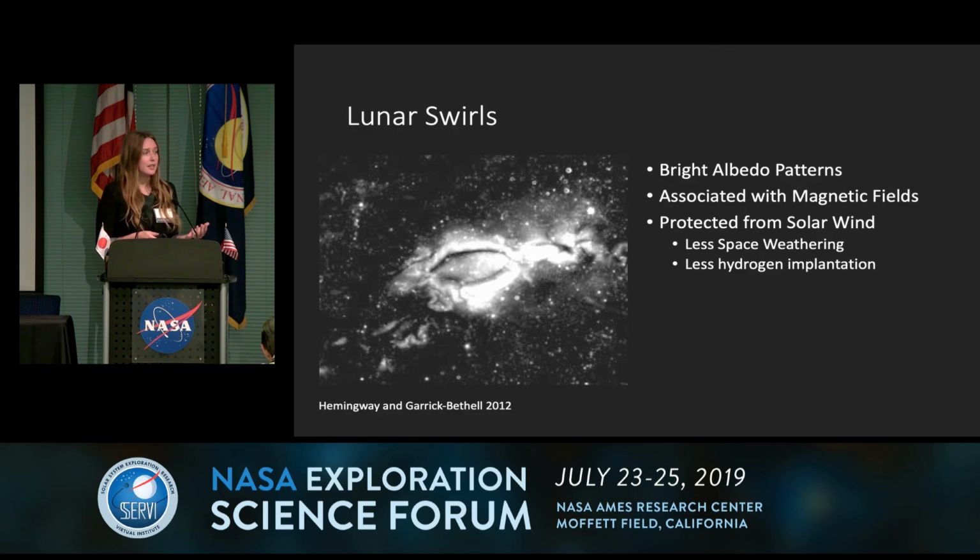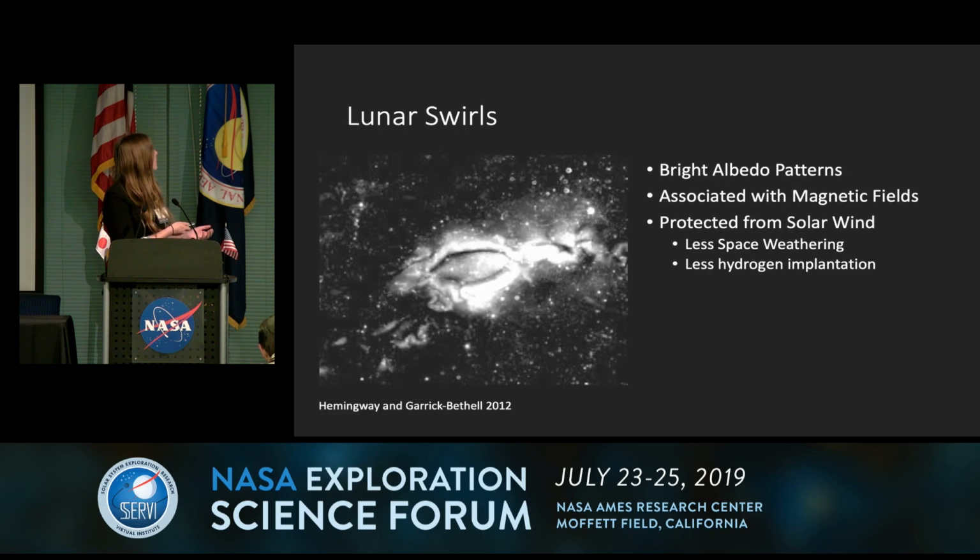So the idea is that these magnetic fields are protecting these locations on the moon from space weathering, and if it is deflecting solar wind protons, then it's also potentially protecting it from hydrogen implantation, which would cause water and hydroxyl to be present on that surface as well.